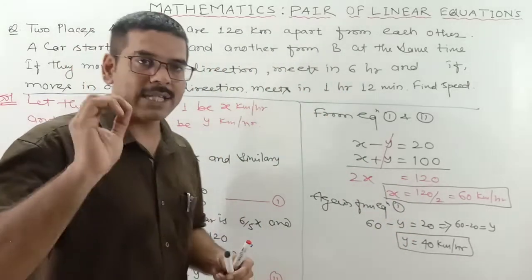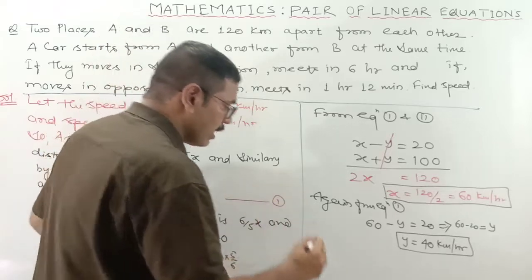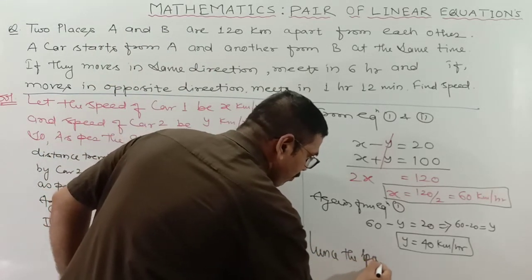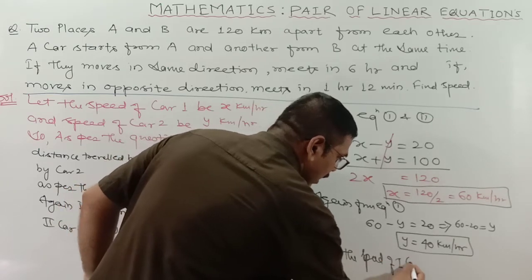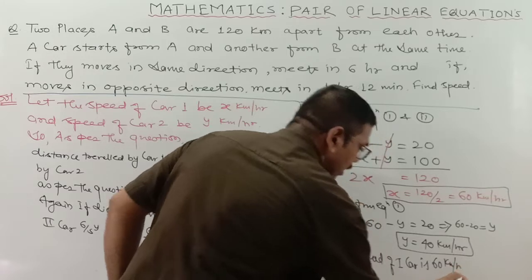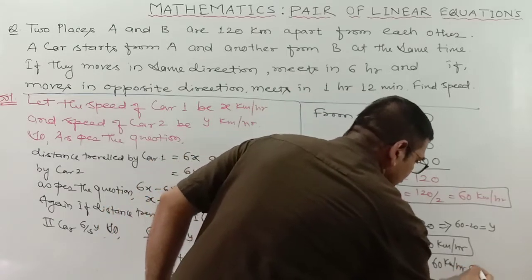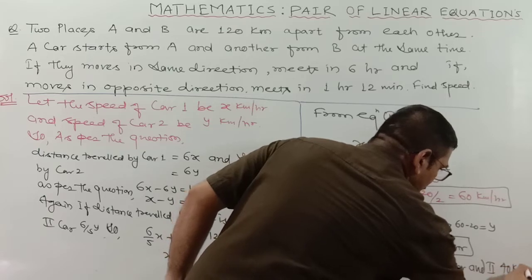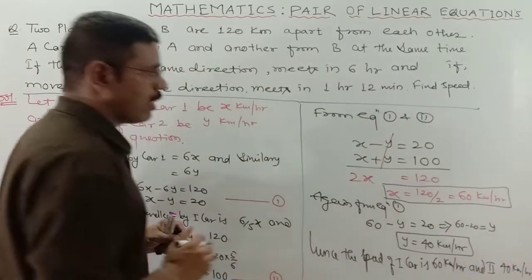So we'll write the answer in words. Hence the speed of the first car is 60 km per hour and the second is 40 km per hour. That is your answer.